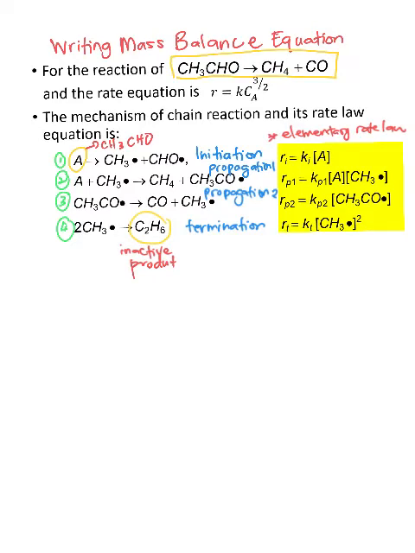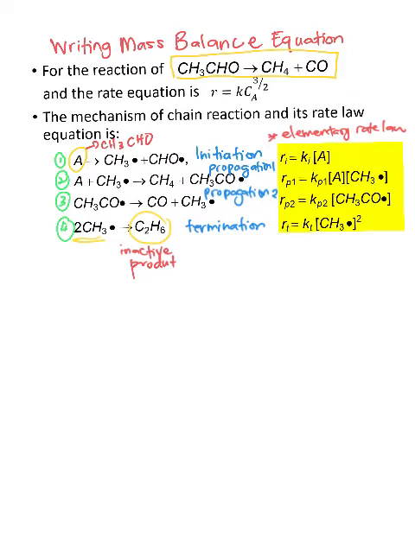And finally, for the termination step, Rt equal to Kt, radical CH3 power of 2. Why power of 2? Because it is an elementary reaction, and the number of moles of CH3 here is 2. We assume that the order of reaction is equal to the stoichiometric coefficient for elementary rate law.